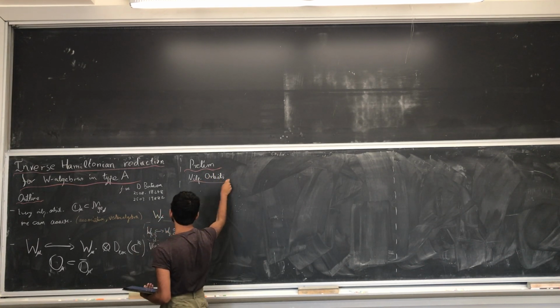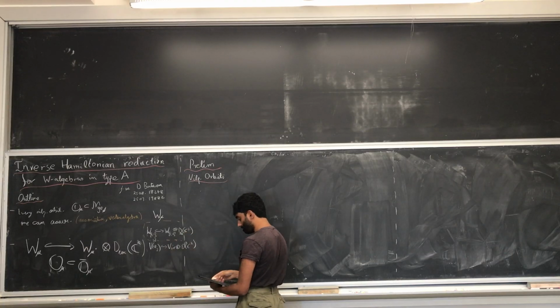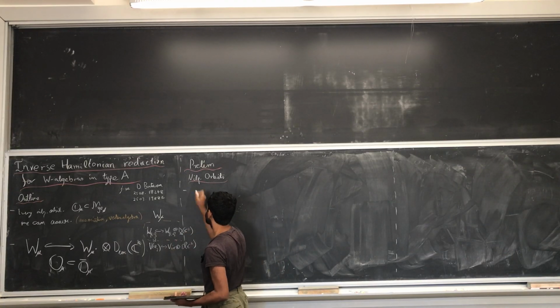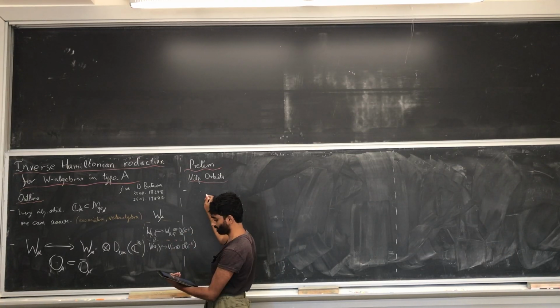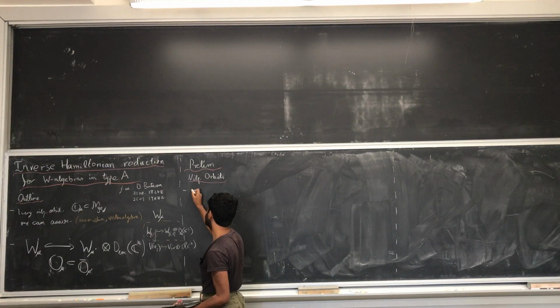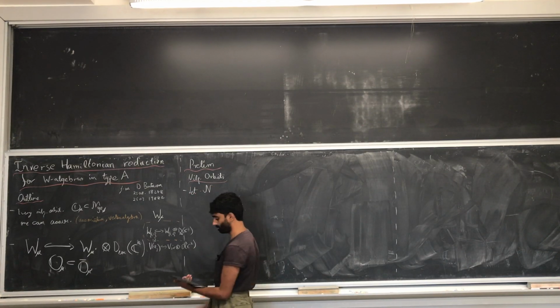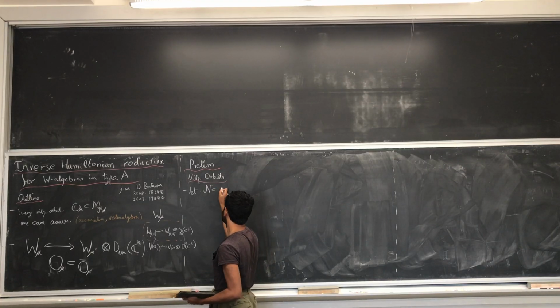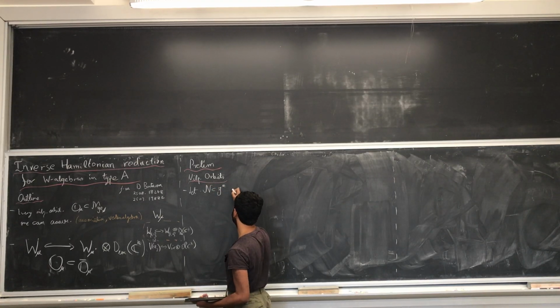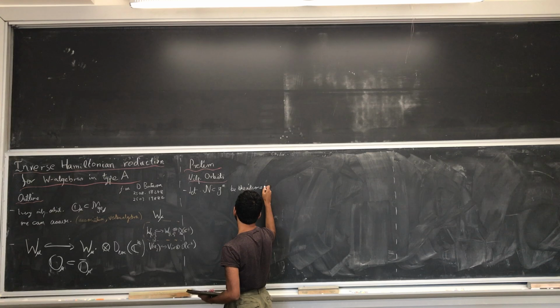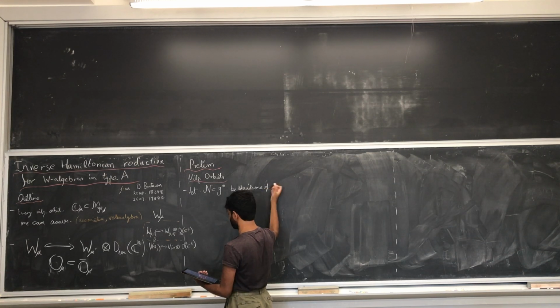In type A, for any Lie algebra, I'll write math cal N inside the dual Lie algebra to be the nilcone. This is the space of all nilpotent elements of the dual Lie algebra.